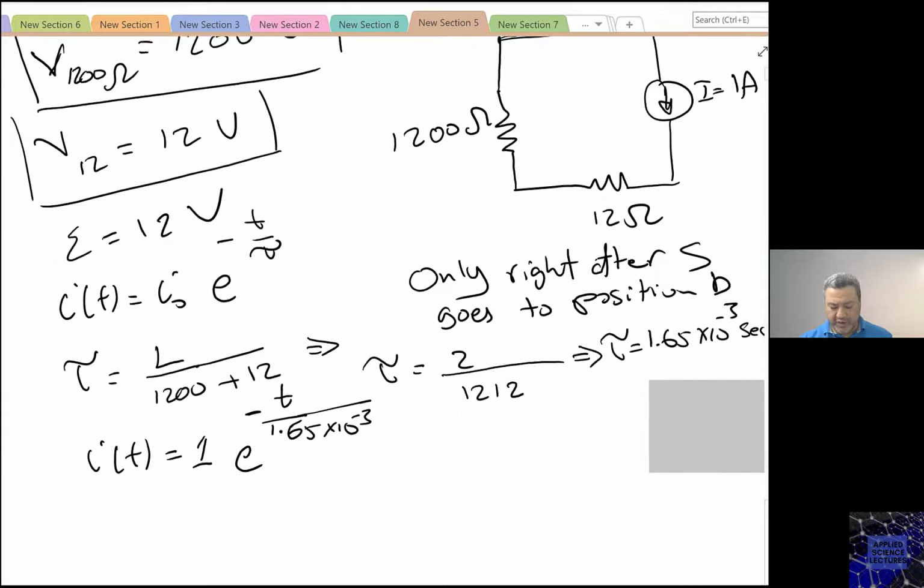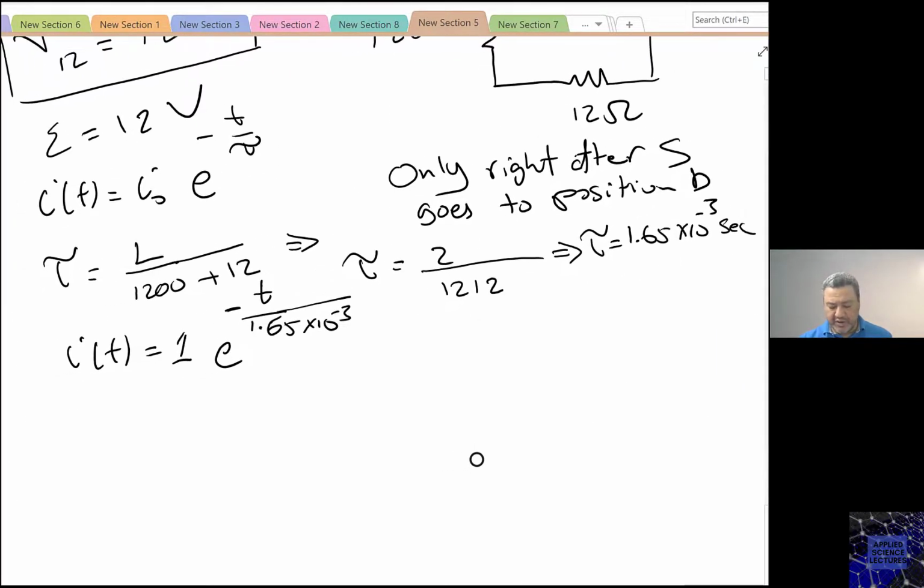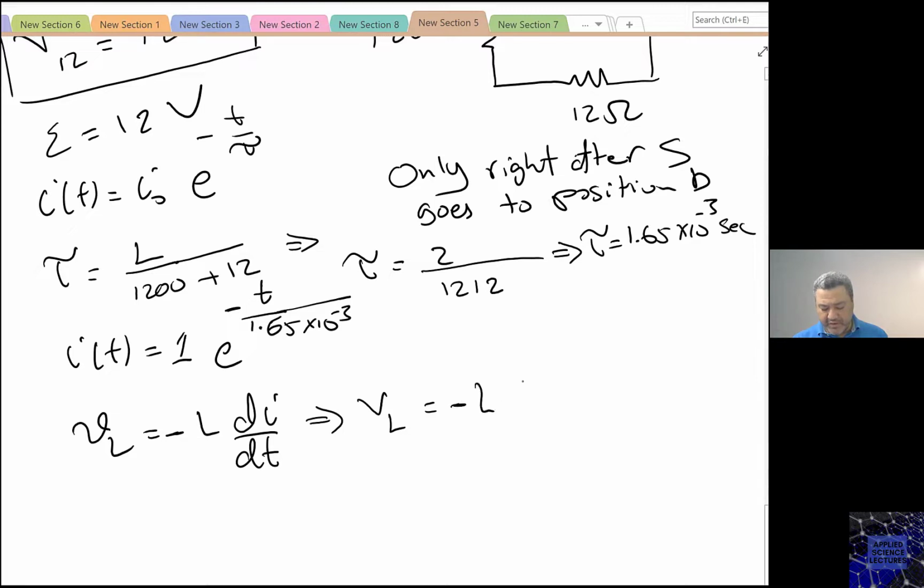So now, in order to calculate the voltage across the inductor, I can use VL equals minus L di over dt. So VL is minus L times di over dt. What is di over dt? Di over dt is minus 1 over 1.65 times 10 to the power minus 3 e to the minus t over tau.